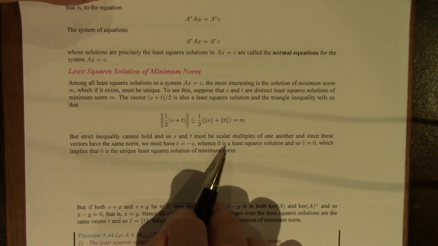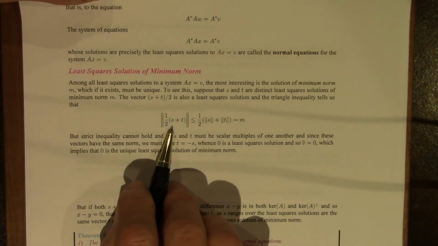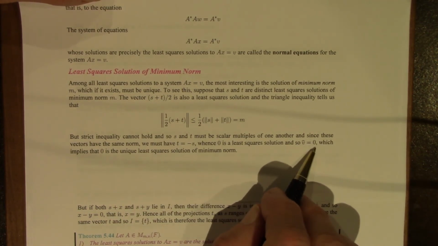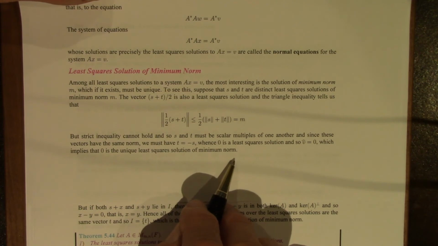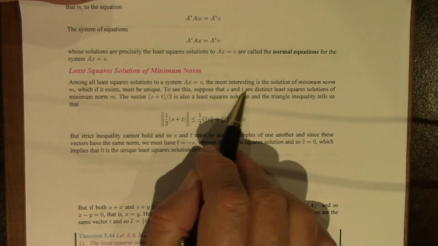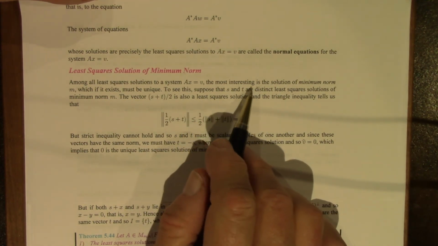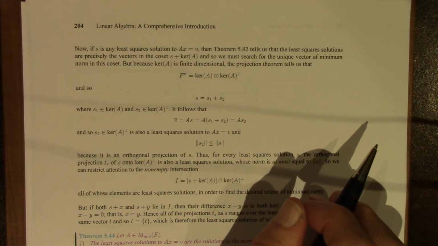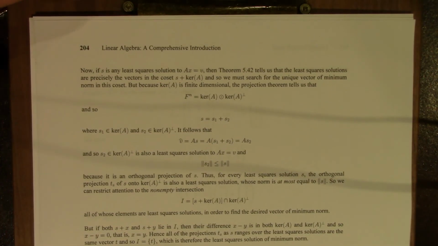That tells us that 0 is a least squares solution, and so V hat is 0, and that would imply that 0 is the unique least squares solution of minimum norm, which contradicts the fact that we have two distinct least squares solutions. So the least squares solution of minimum norm is unique if it exists.